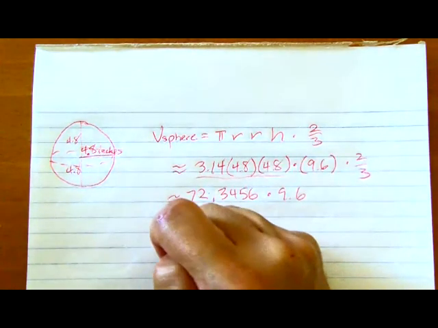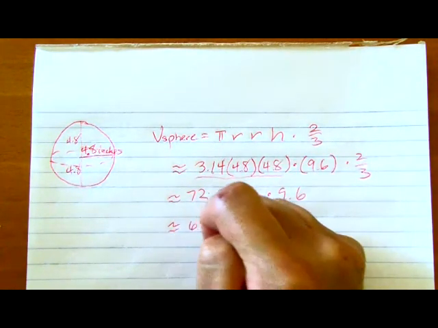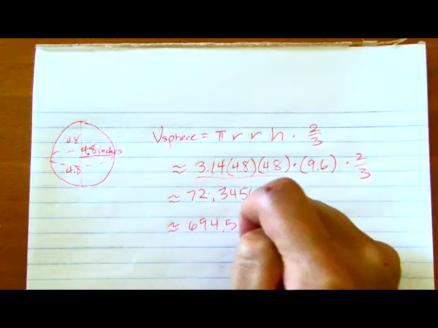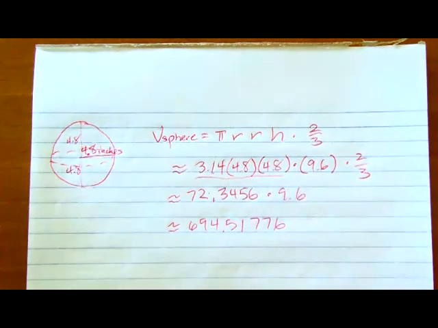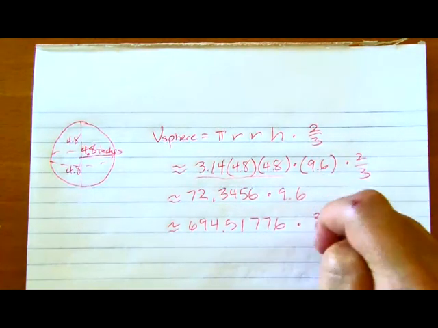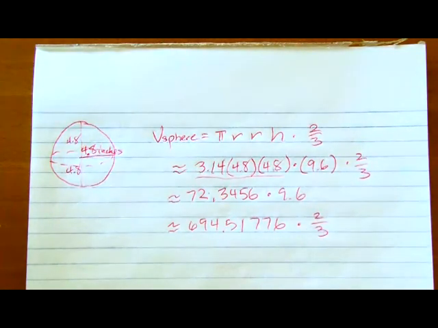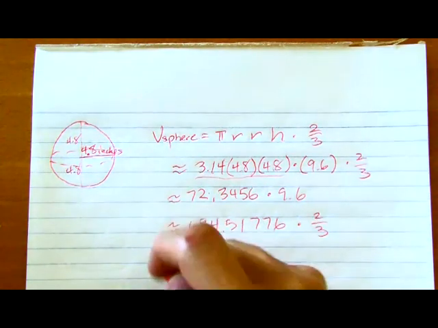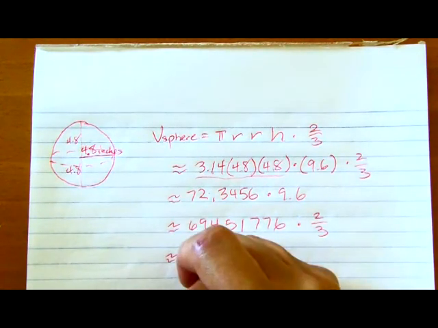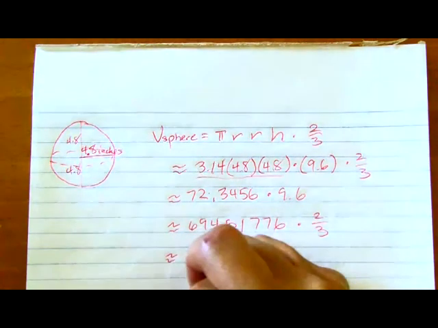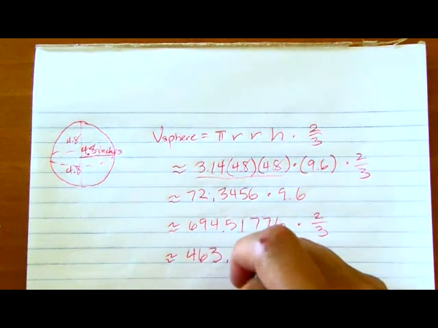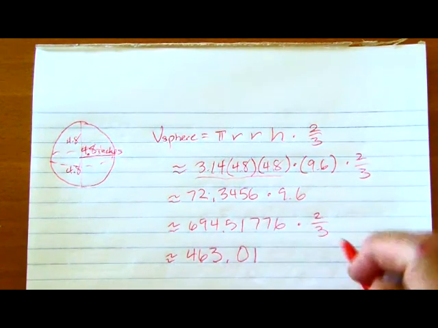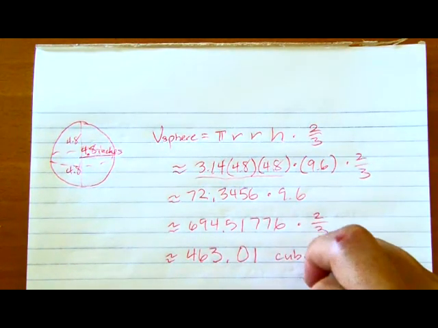So now we have 694.51776. Okay, so that's a full cylinder. We want 2/3 of that. So times 2 divided by 3. So the volume of this sphere, the basketball, 463.01, we'll round it off, cubic inches.